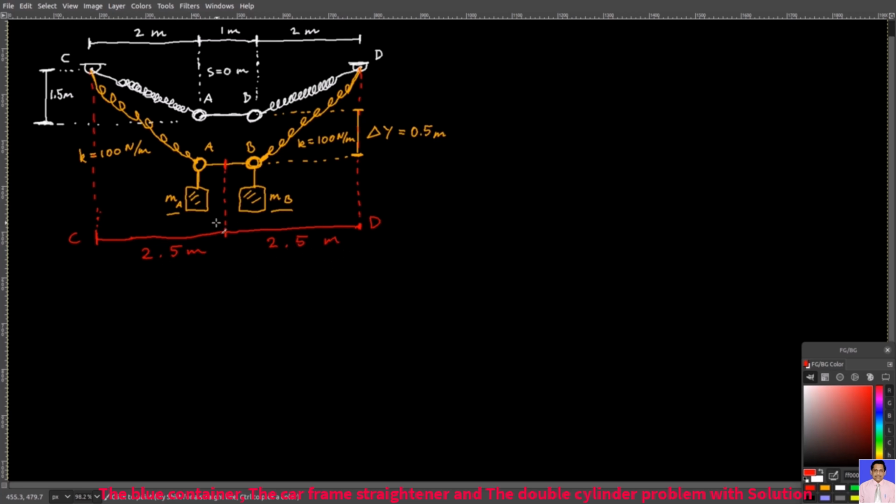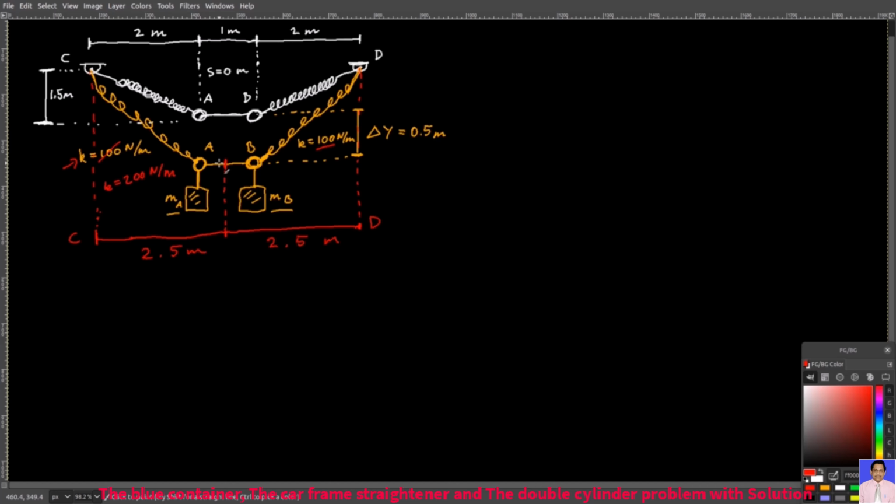Now this in itself is not enough. Let's say if this K here was bigger, maybe 200 newtons over meter. So instead of 100, we have 200 newtons over meter. And here we still have 100 newtons over meter.